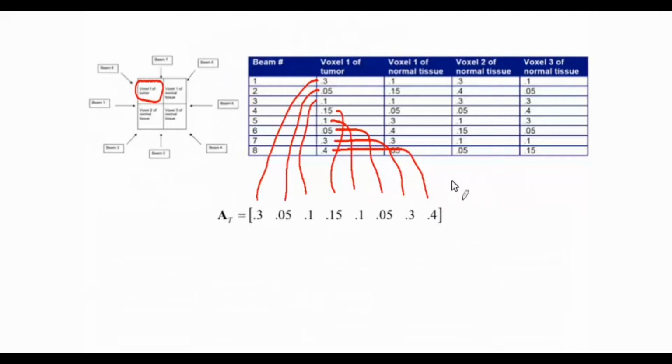And that is how we get our A sub T. It is just this column in the grid that I gave you in the study guide defining the contribution of individual beams to voxel 1 of the tumor.